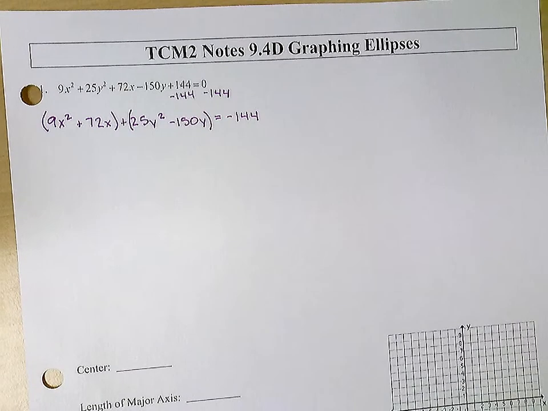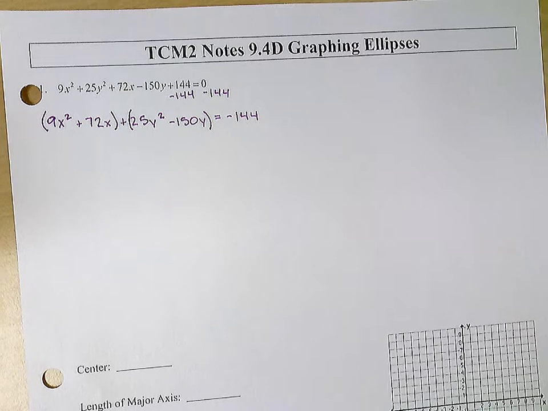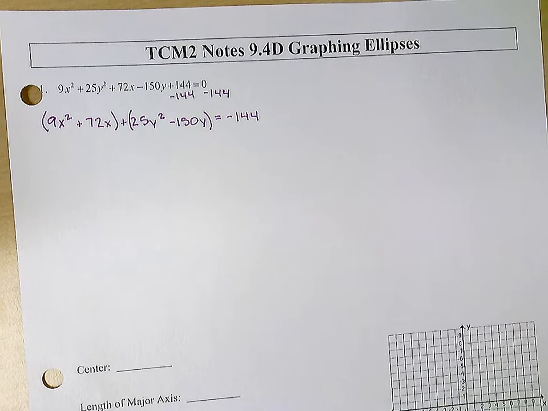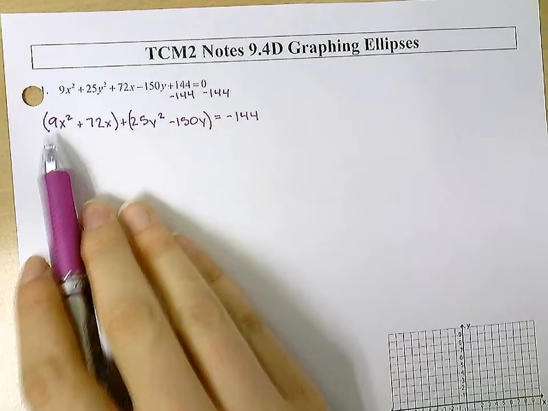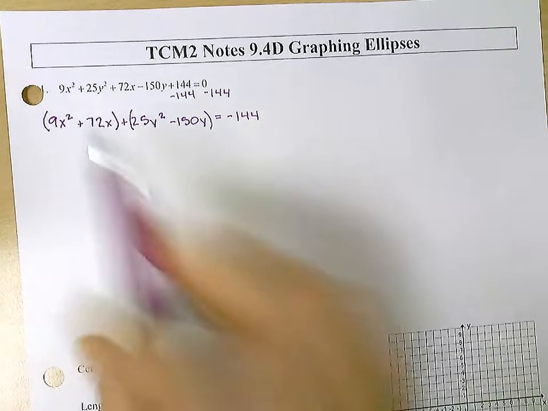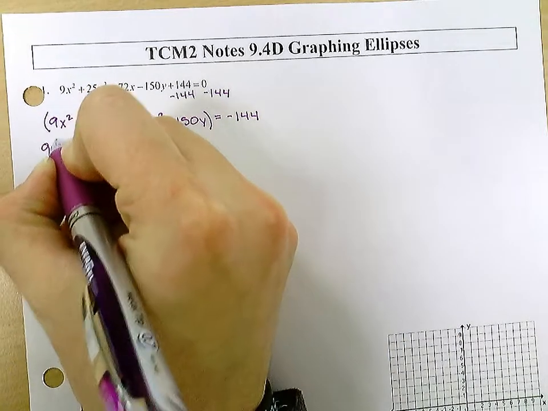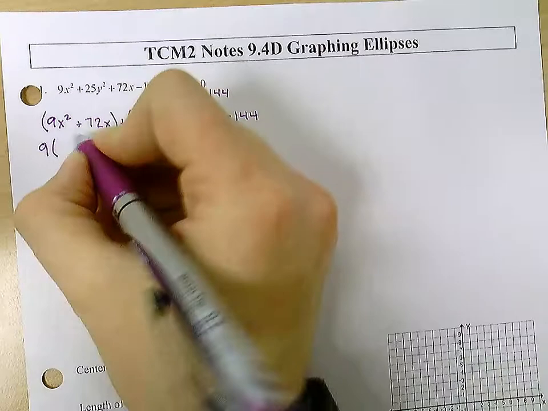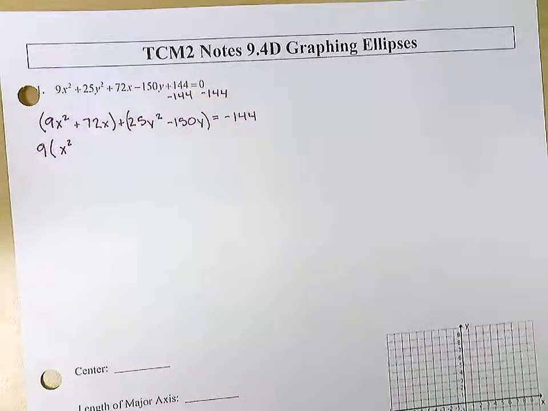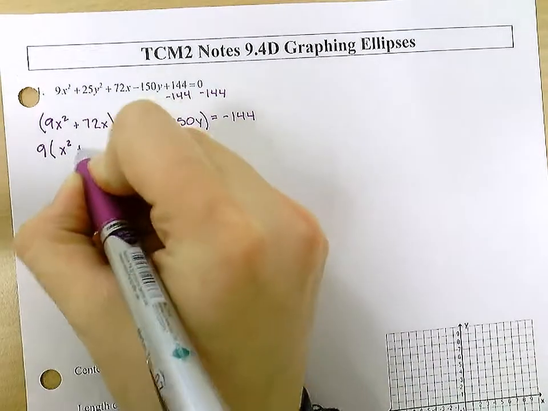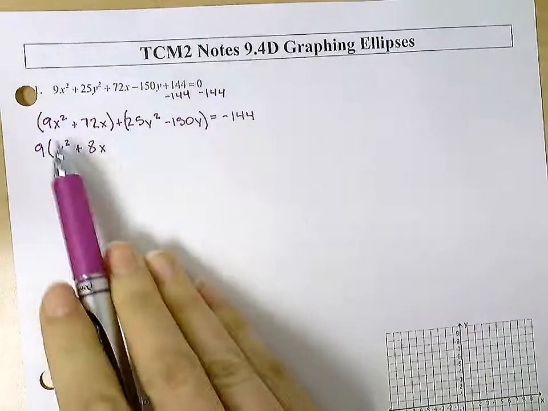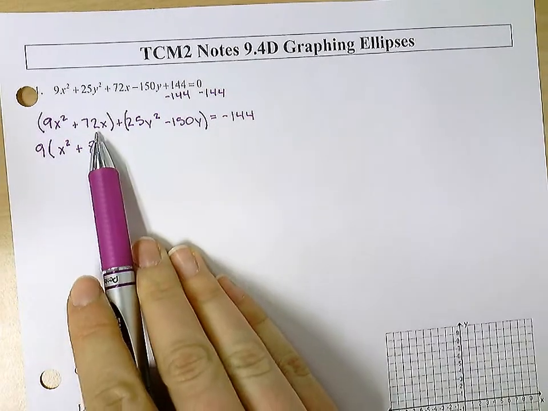So now before I complete the square, I want to factor out the number that is next to those squared values. So I want to factor out 9 from my x's. If I factor out 9 from my x's, I'm left with x squared plus 8x. So make sure you factor out that 9 from both values there.